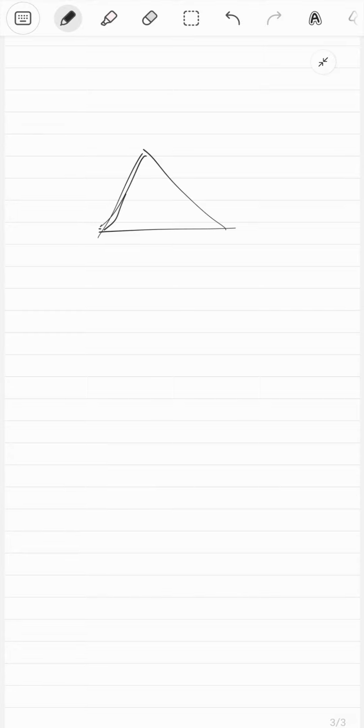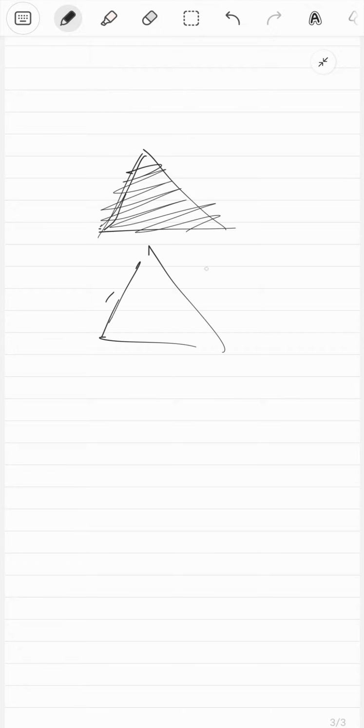I shouldn't say 3 dimensional, it's more like a paper cutout of a triangle. So one side is shaded black, one side is shaded white, right? And then let's say you have marked the corners as 1, 2 and 3. Yeah, and so this is also 1, 2 and 3.